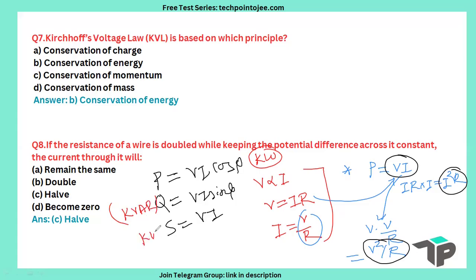A transformer has a kVA rating, while a generator or motor has a kilowatt rating.